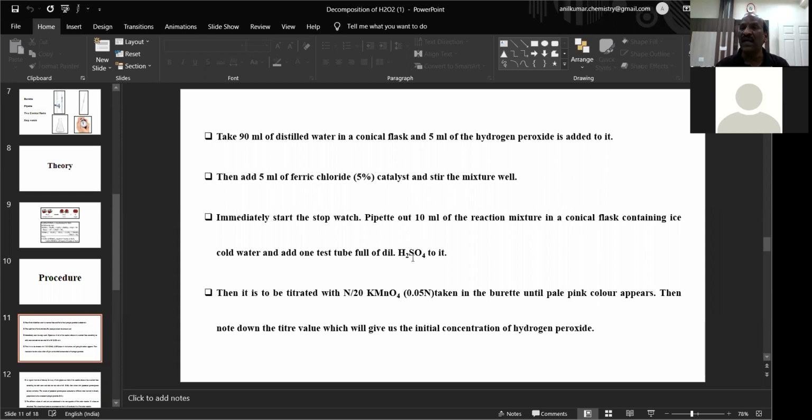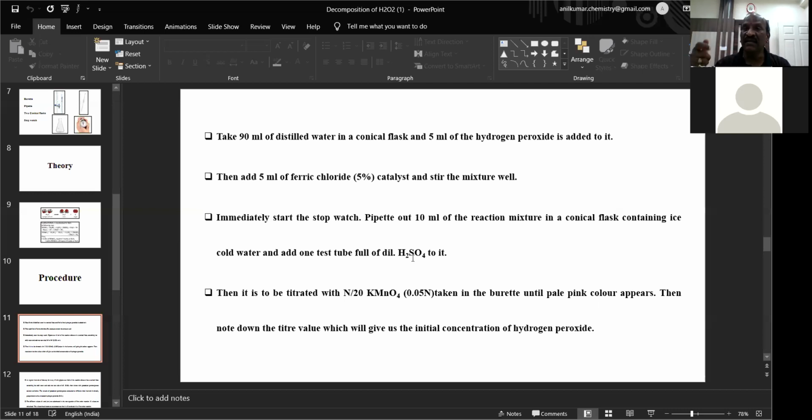So that reading we call V0. V means volume, 0 means at 0 time. 0 time means immediately, within a few seconds. Whenever we prepare the reaction mixture, immediately we take out 10 ml with the pipette and transfer it into the ice cold water and H2SO4, and then we note down the time, and we go for the titration against the KMnO4 which we took in the burette.